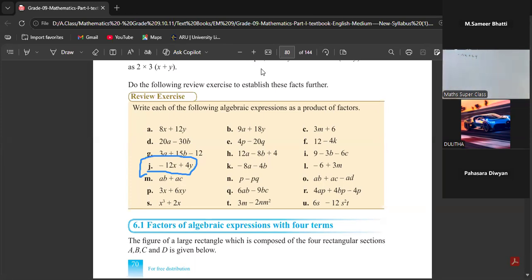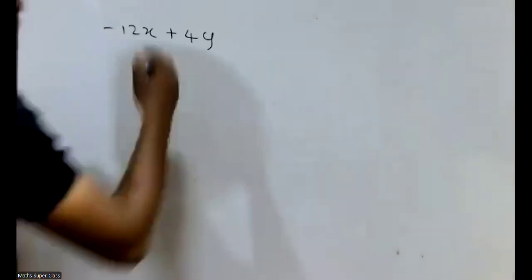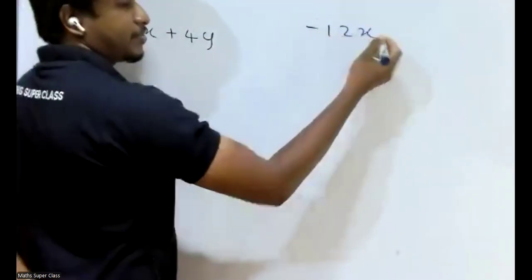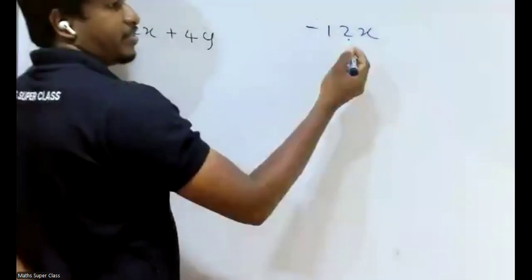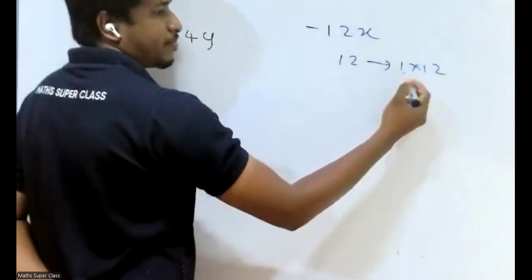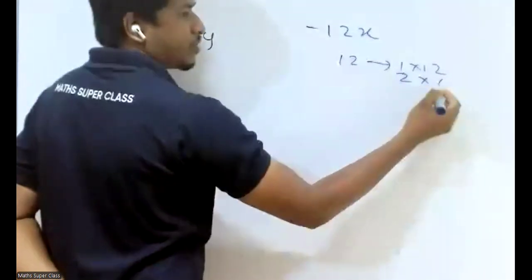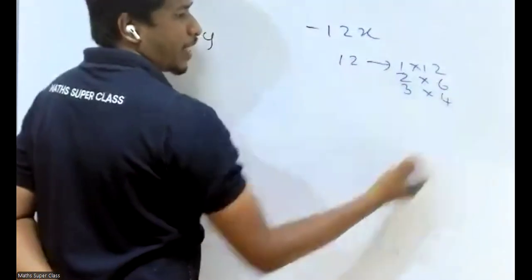Minus 12x. Okay. Just consider 12. 1 into 12, 6 into 2, sorry, 2 into 6, 3 into 4. That's all.